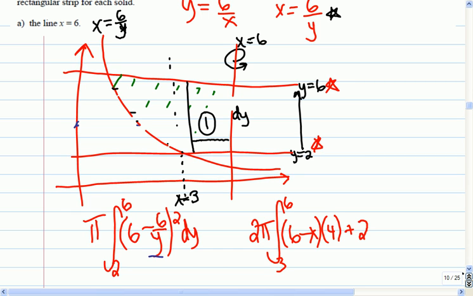Then I need to add the second region, which is from 0 to 3, and this time these are the shells I'm looking at. Again, it has a radius that is 6 minus x, and it has a height, this time, of 6 minus 6 over x. Okay. So again, I don't think that's the easier choice, but it still is a correct way to do this volume question.